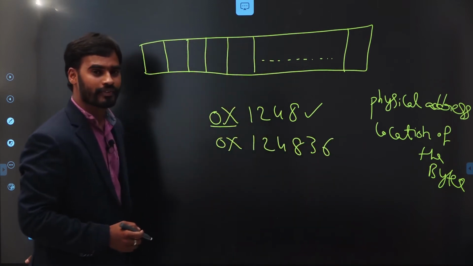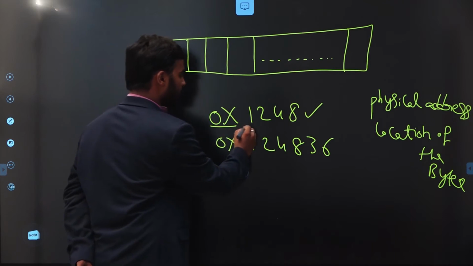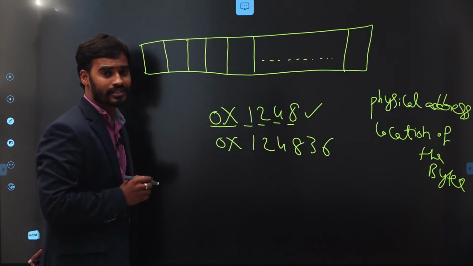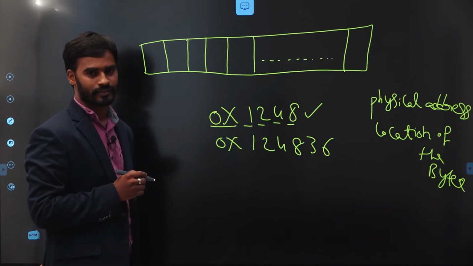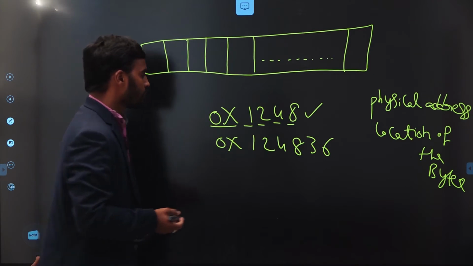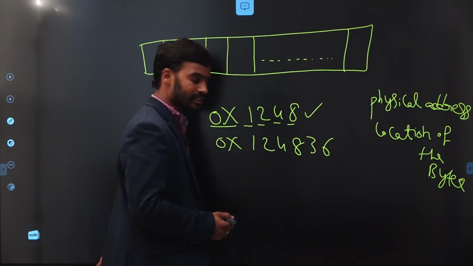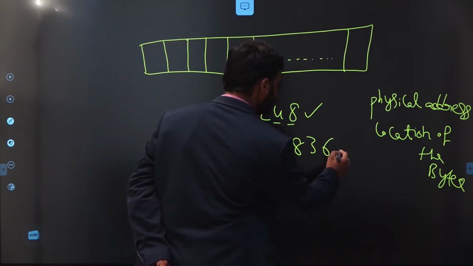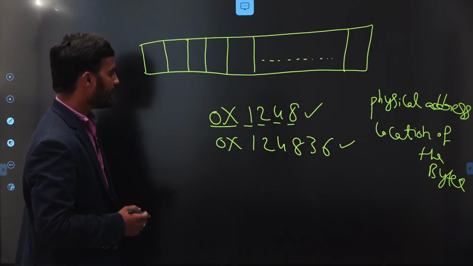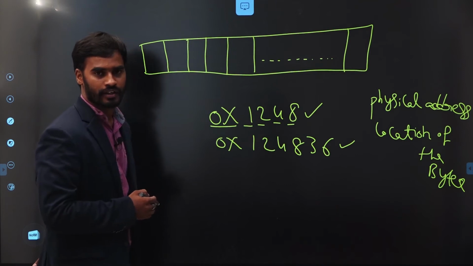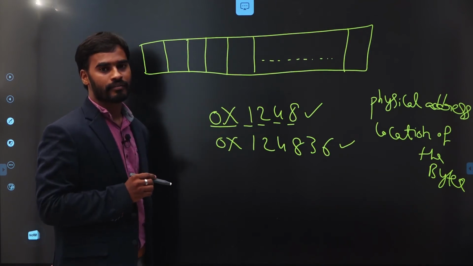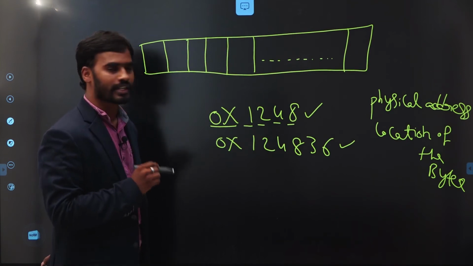The number of digits in the physical address depends on the hardware. Some devices have 4 digits, some have 6 digits, some have 8 digits. Generally, every location will have a number, and that number is called the physical address.